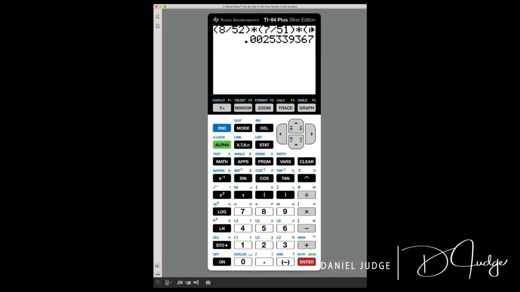Okay, so let's clear that up. Let's find these answers here. 48 divided by 52. Let's close that. Times 47 divided by 51. Let's close this. Times 46 divided by 50.